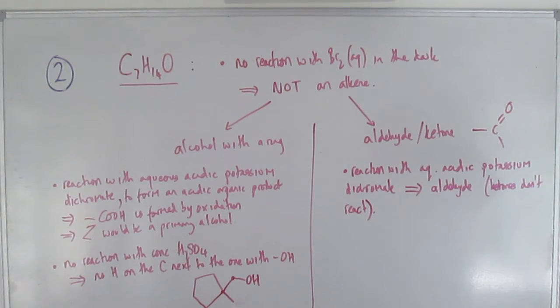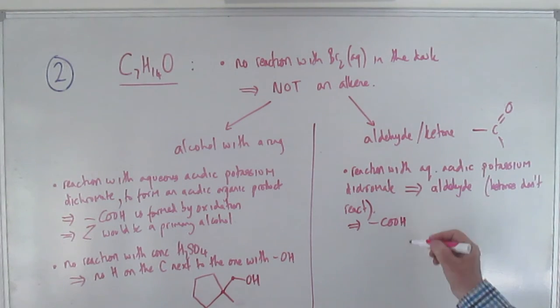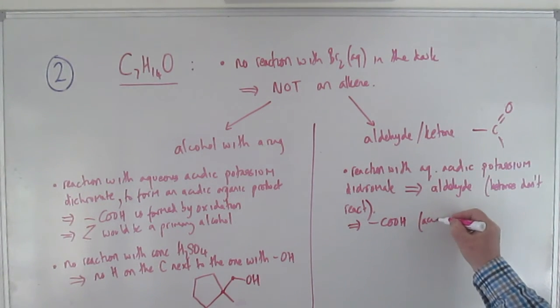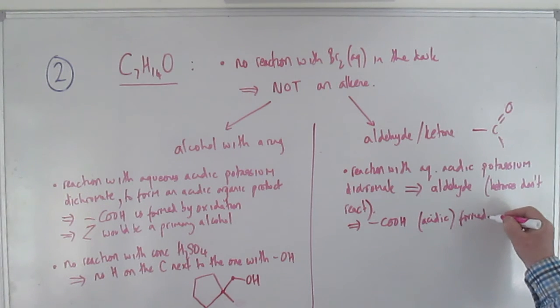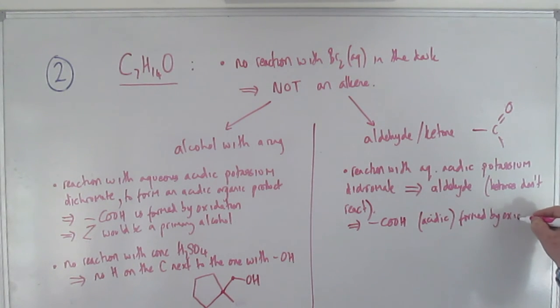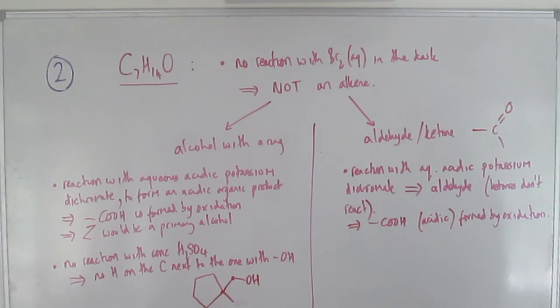And so again, that fits with the carboxylic acid group, which is acidic, being formed by oxidation. Okay, so that piece of evidence then narrows it down from either aldehyde or ketone, which fitted down to that point. We're saying, well, no, it has to be an aldehyde.